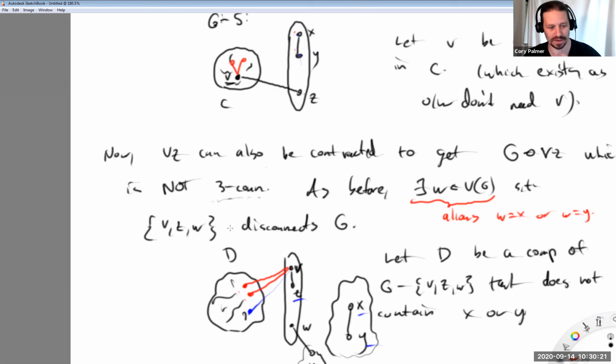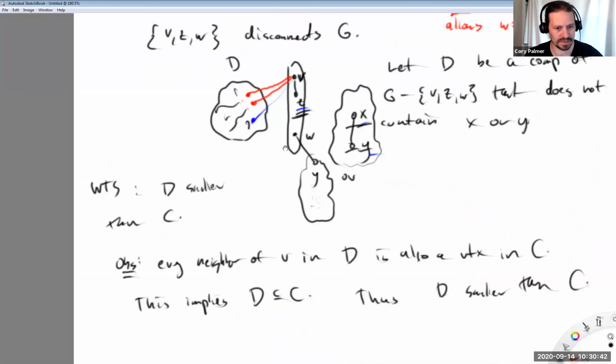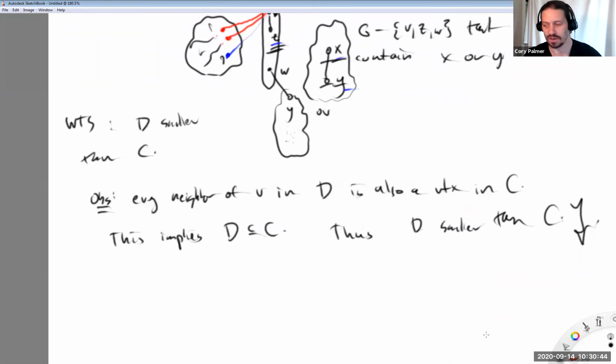We argued nothing was gained there, because the potential gaining vertices were Z, X, or Y. But we carefully chose D so that it was not V, Z, X, or Y. It can't be Z because that's in the cut. And X or Y are in just some other component. Right? We just said, don't let it be that component. Okay, so we made D smaller than C, and that's a contradiction to the choice of X, Y, and Z, and C at the end there. Okay, so that ends the proof.